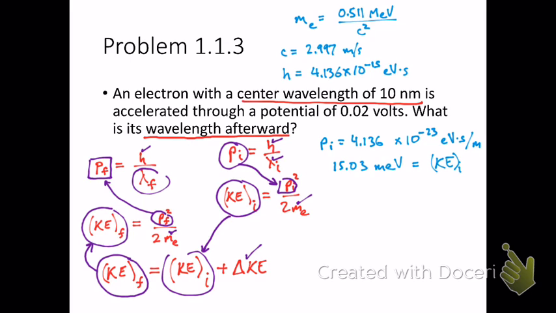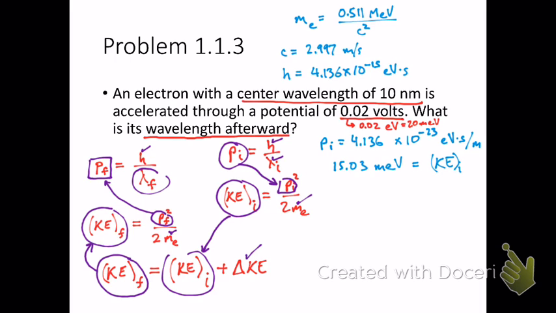And then I take that and add it to the given potential of 0.02 volts. That speaks of 0.02 electron volts, because we're accelerating an electron through that, which is the same as 20 milli-electron volts.